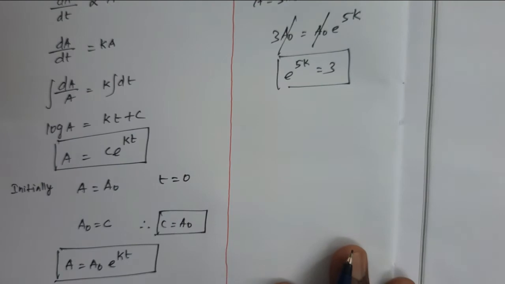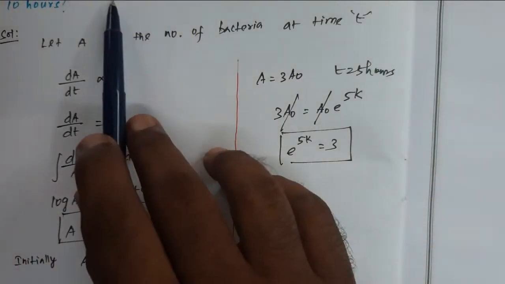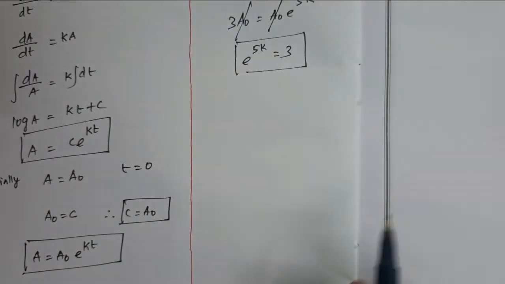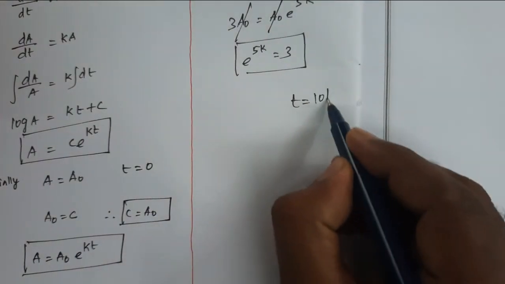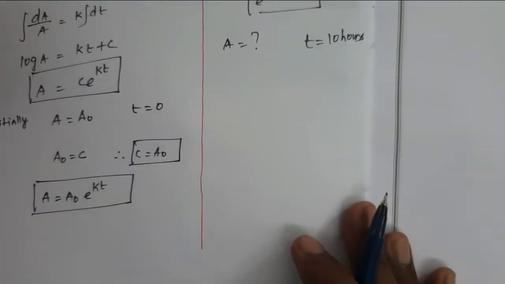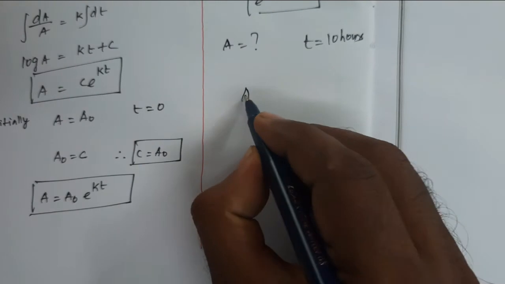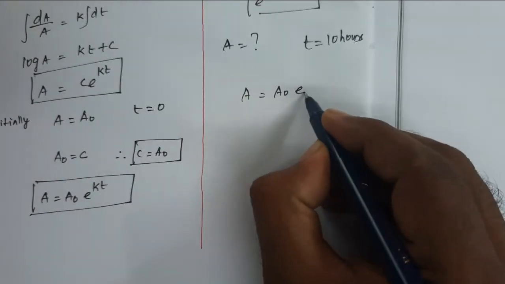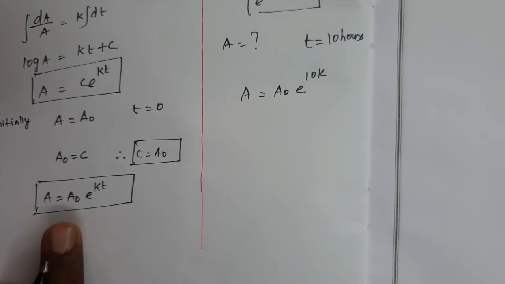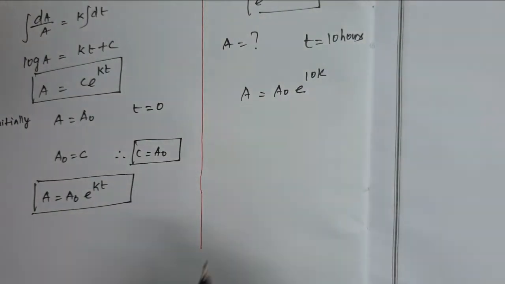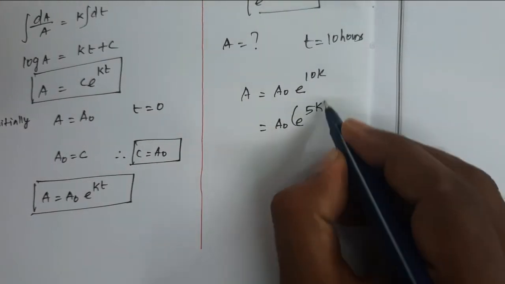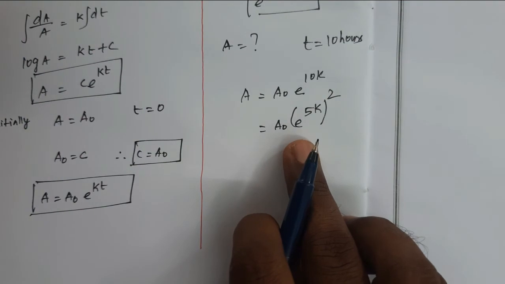Another piece of information: how many bacteria will be present after 10 hours. Here t is equal to 10 hours, and we have to find A. Substituting in this equation, we get A is equal to A naught e power 10k. e power 10k can be written as (e power 5k) the whole square, e power 5k into e power 5k.